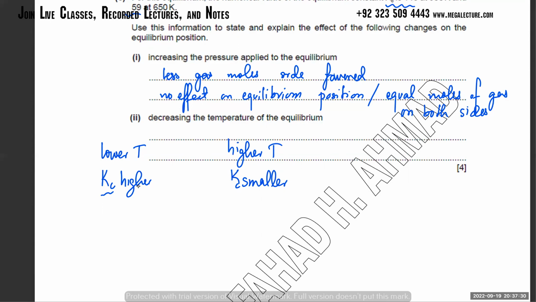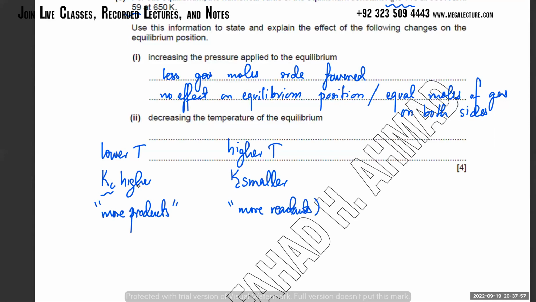So Kc value is higher, that means you got more products. It's favoring the products. And when the temperature was higher, the Kc was smaller. Remember, Kc value only gets affected by temperature. So higher temperature, but a smaller value of Kc, that means it's going to have more reactants.